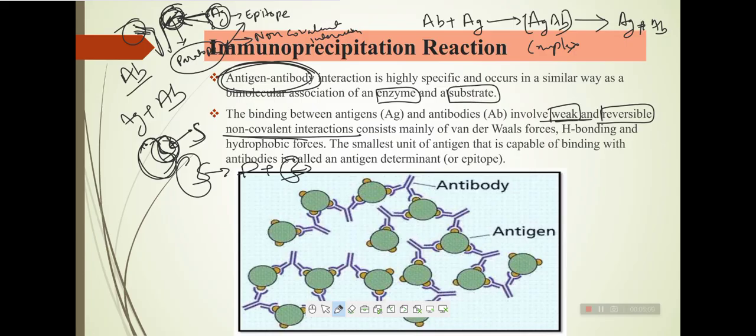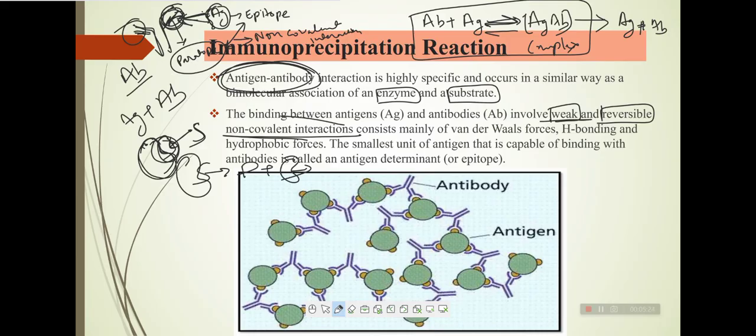This process is called a reversible process. It means they form a complex, and again they separate, like an enzyme and substrate reaction. This is a weak and reversible non-covalent interaction.